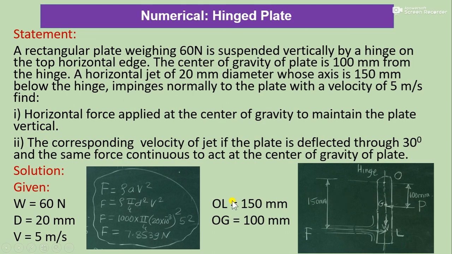So first of all we will calculate F, as F is rho A V square, A is pi by 4 into D square, with D converted from mm to meter. Then its square, velocity square, rho 1000 kg per meter cube normally we take, pi by 4. So in this calculation we get F equal to 7.8539 Newton.